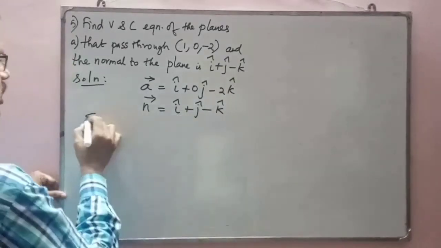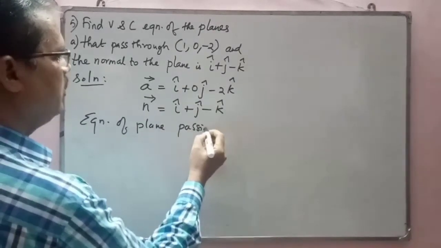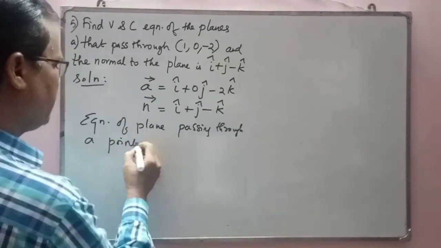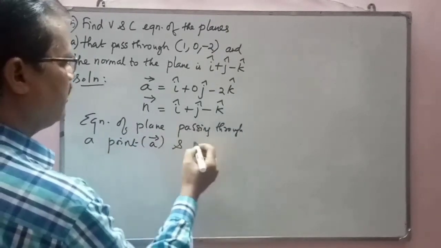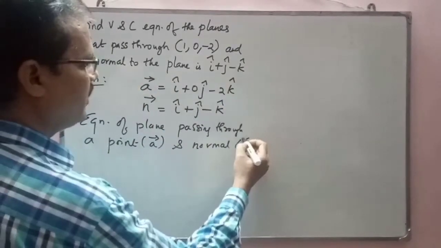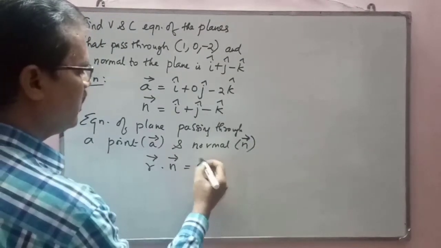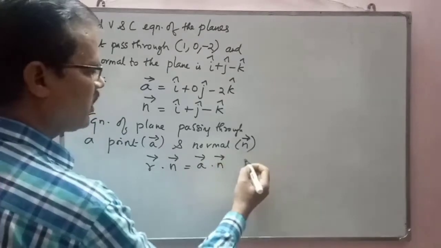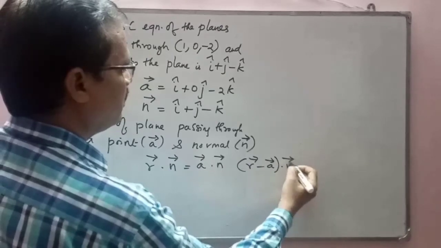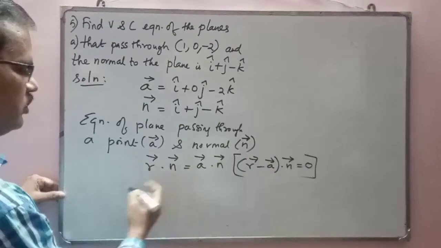Now directly we have a formula: the equation of a plane passing through a point whose position vector is a vector, and normal to the plane is n vector, then we have r vector dot n vector equals a vector dot n vector. You can even write it as r vector minus a vector dot n vector equals 0. Either this way or this way you can do, any one method. Now I am going to do it in this way.